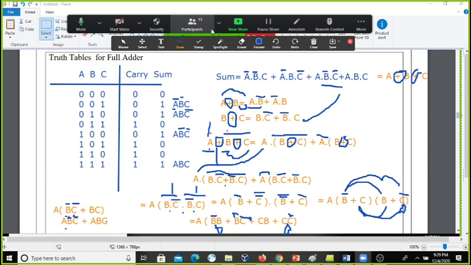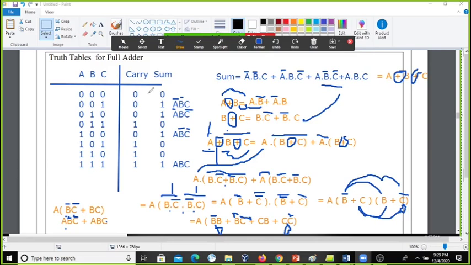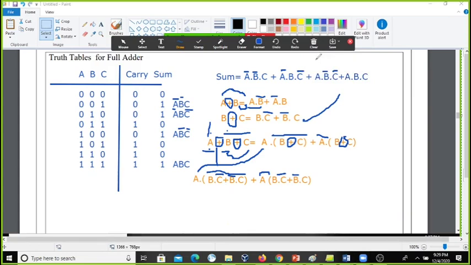Now here you need to keep in mind, remember this: for the full adder, the sum is given by A exclusive-OR B exclusive-OR C. We have completed the sum. Then the next one is to look at the expressions for the carry. So now let's see how to get the expressions for that.